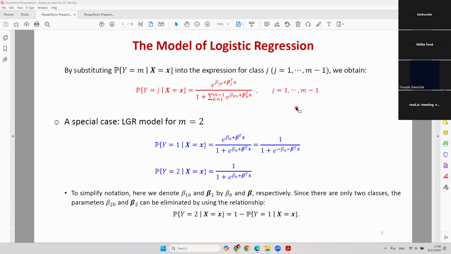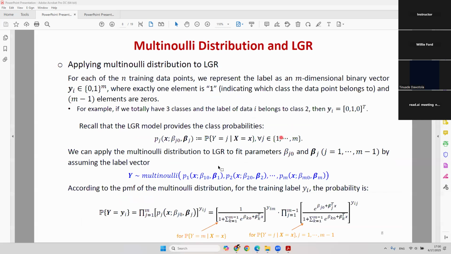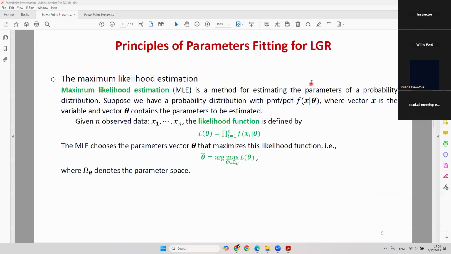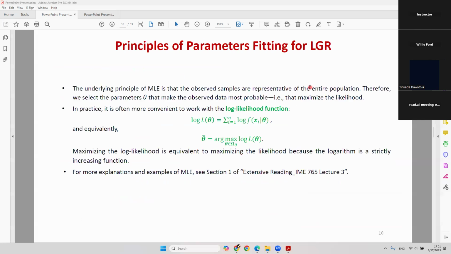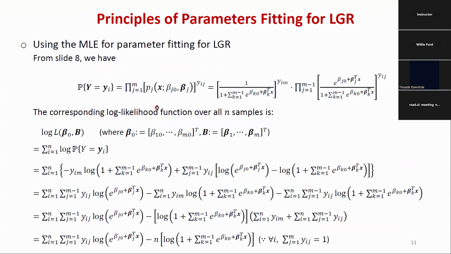Then we use a multinomial distribution to model the label Y, and after this we use the MLE, maximum likelihood estimation method, to derive the expression for the parameter estimation.